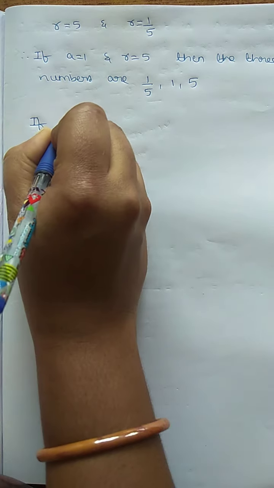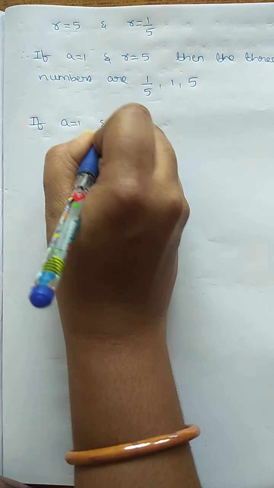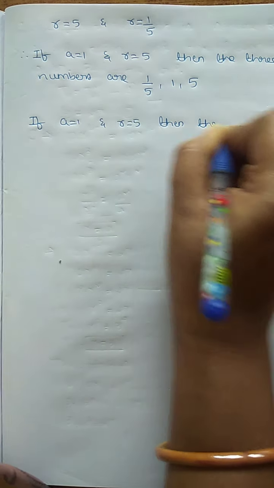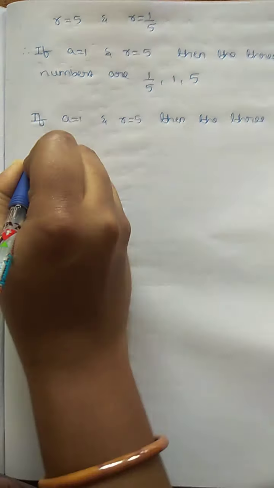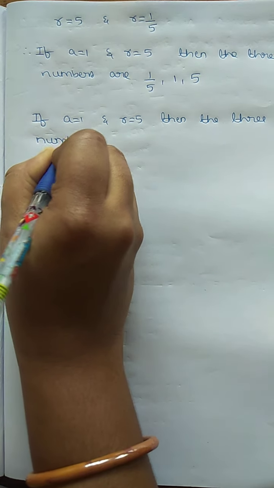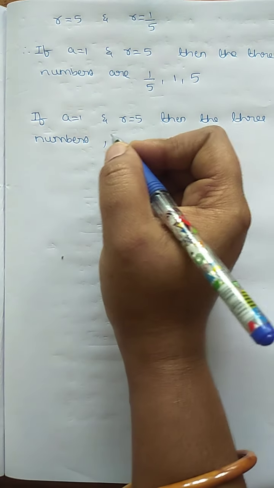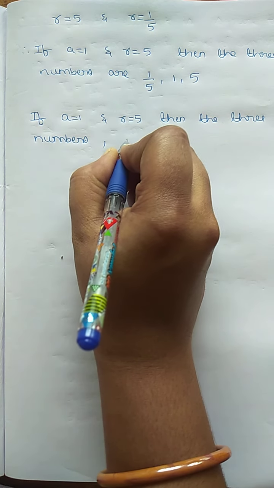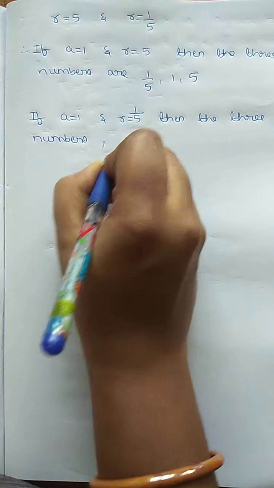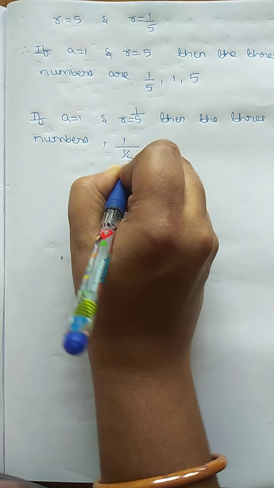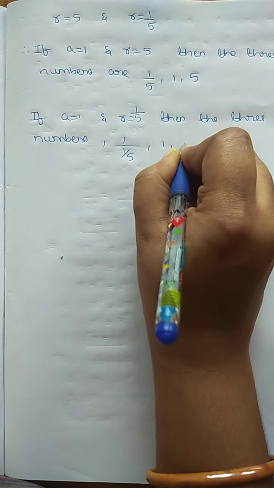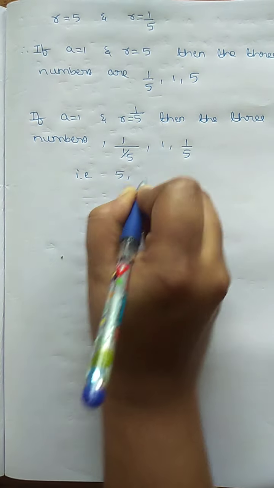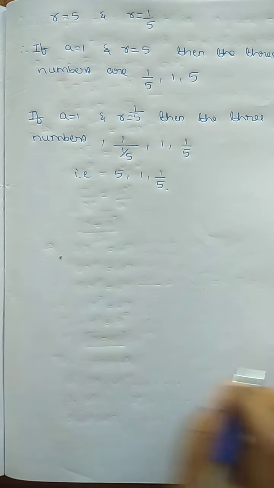Similarly, if A equals 1 and R equals 1 by 5, the three numbers are A by R, sorry, here R is 1 by 5. So 1 by 1 by 5, 1, 1 by 5. That is 1 by 1 by 5 is 5, comma 1, comma 1 by 5.